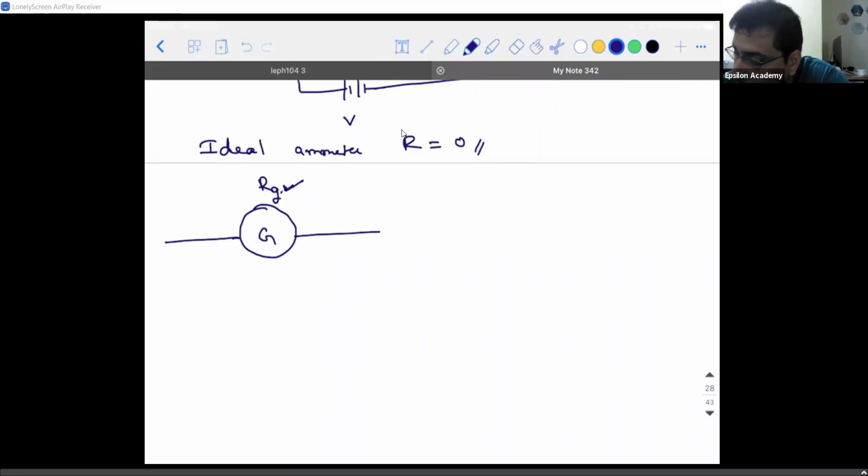Since the galvanometer already has a resistance of 100 ohms, if I am able to connect another resistor so that the overall resistance decreases, then I can call that device an ammeter. Now tell me, if I give you a resistor, how will you connect it across this galvanometer so that it can be called an ammeter? Let's recollect: when resistors are connected in series, what happens to the overall resistance? Does it increase or decrease?